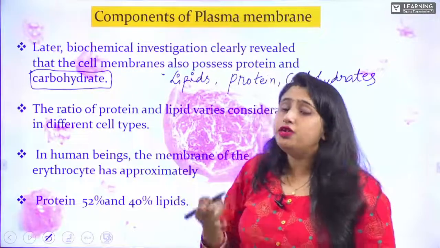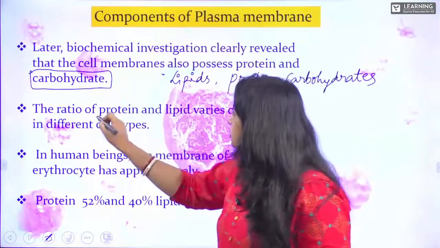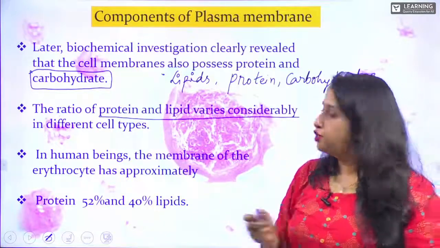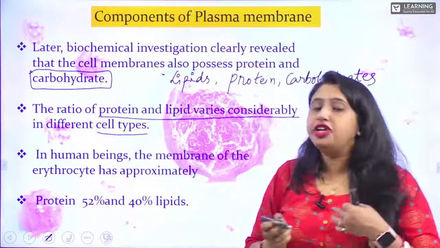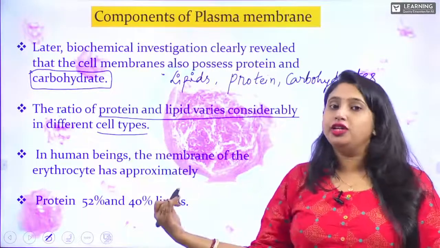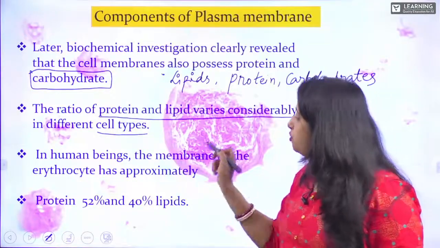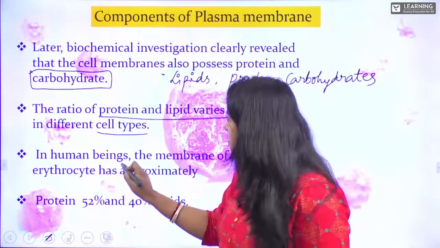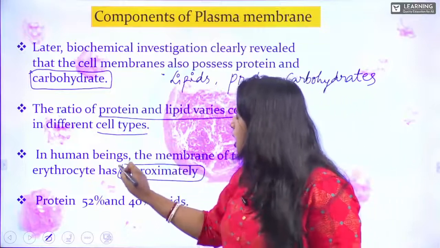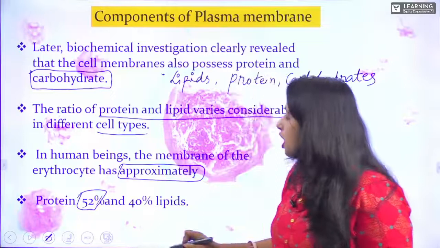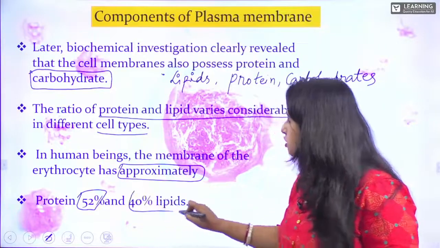What is the ratio of the protein and the lipid? The ratio of the protein and the lipid is different in different types of cells. It may be different in case of plant cell, it will be different in case of animal cell. So in human being, the membrane of the erythrocyte has approximately 52% of protein and 40% of lipids.